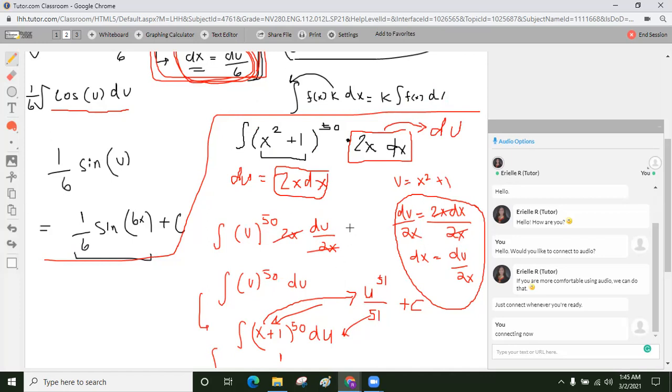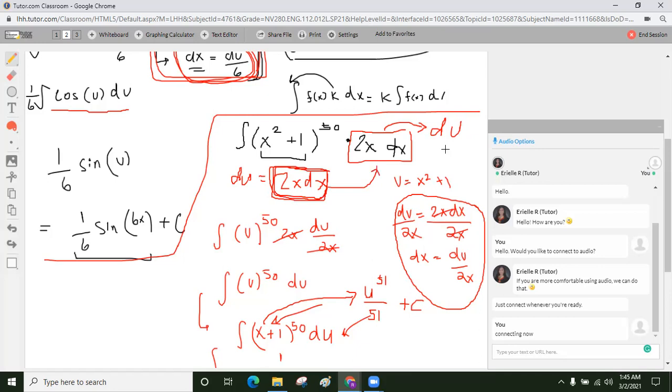Wait, so you're saying we can replace the whole thing with du over 2x, or just du? Just du, because the derivative of u is, so we have du is equal to 2x dx. So this part right here is already present in your function, which is this one.